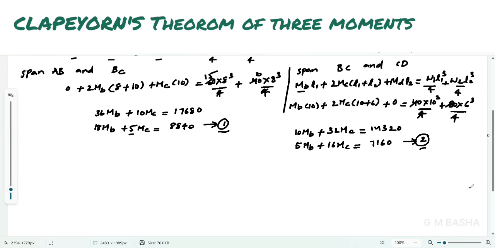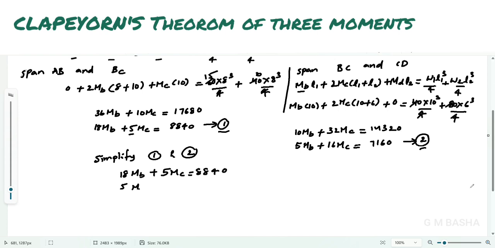So once we got the equations, simplify both the equations. So we know how to simplify equations 1 and 2 manually, so I will just explain one time. 18 MB plus 5 MC equal to 8840, first equation.